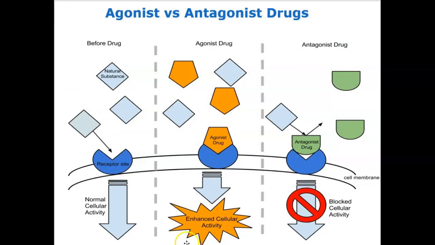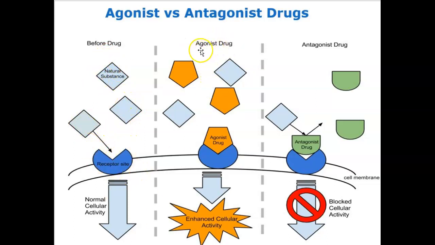Okay, agonist versus antagonist. Okay, so you have this receptor site on a cell that you're trying to target. And before you gave a medication, this substance would adhere to the receptor site.